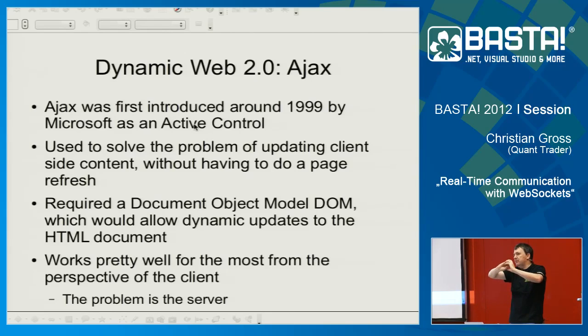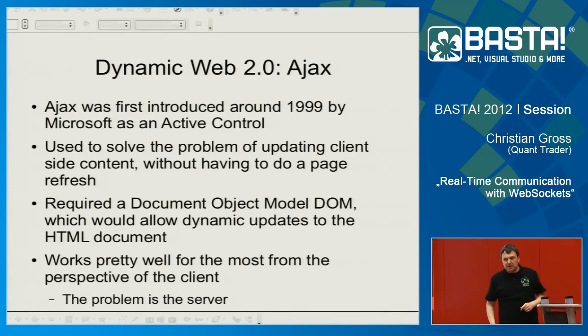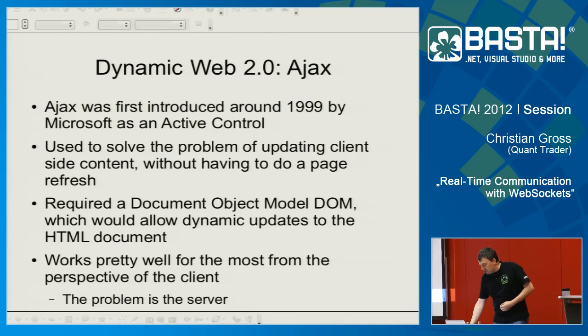But until that ActiveX control came into place, the way to submit the data into the HTML page was to create a new page. With Ajax, the document object model was created. Something that you now take for granted was not actually there before. With Ajax, around 1999, it came. So we actually had great ways to pull data, shove it in, and then move back and forth.